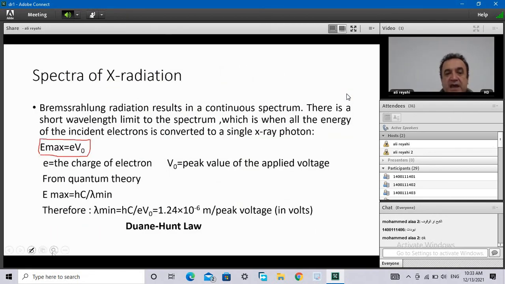So the energy max of electrons is equal to eV0. What is e? Charge of the electron. What is V0? Peak value of the applied voltage.